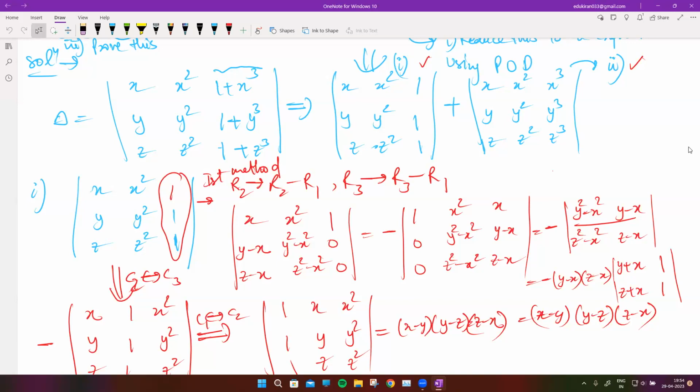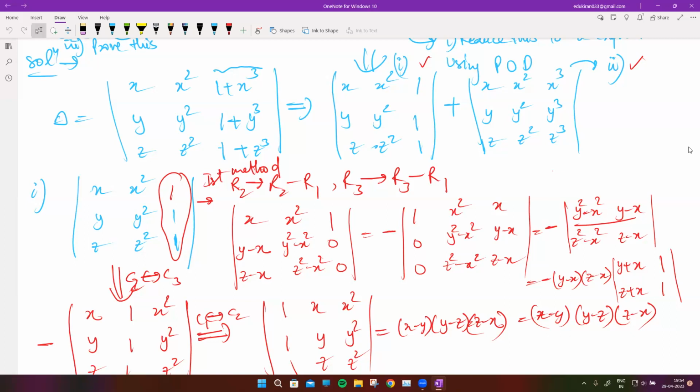But when it's all variables, first of all, we will think about taking common. If taking common is not working, then we will try to find like elements. If we are successful in finding them, then we will try to reduce them to 0 with a suitable operation.